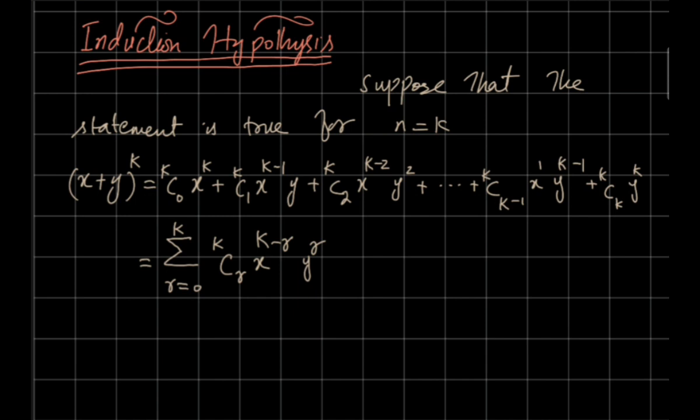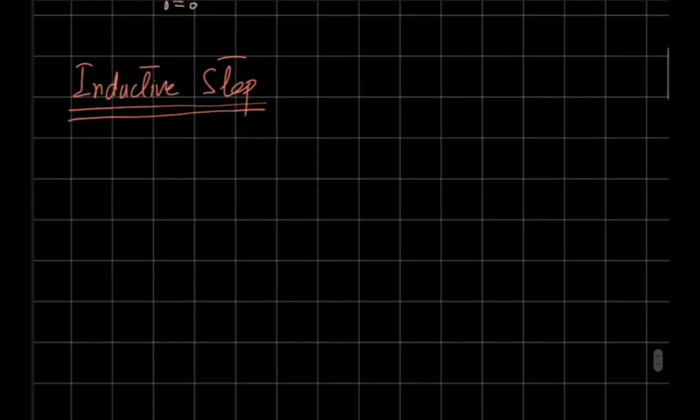Now we will move towards our last step, which is the main theme of the proof. This step is known as the inductive step. In the inductive step, we will prove that the statement is true for n is equal to k plus 1. We will take the left hand side for n is equal to k plus 1, and we will get the right hand side for n is equal to k plus 1 by using previous results.